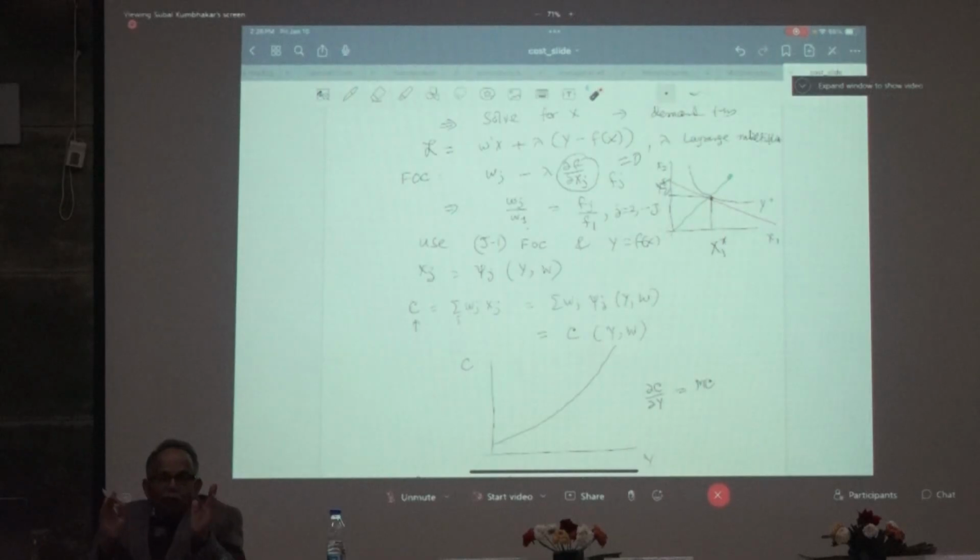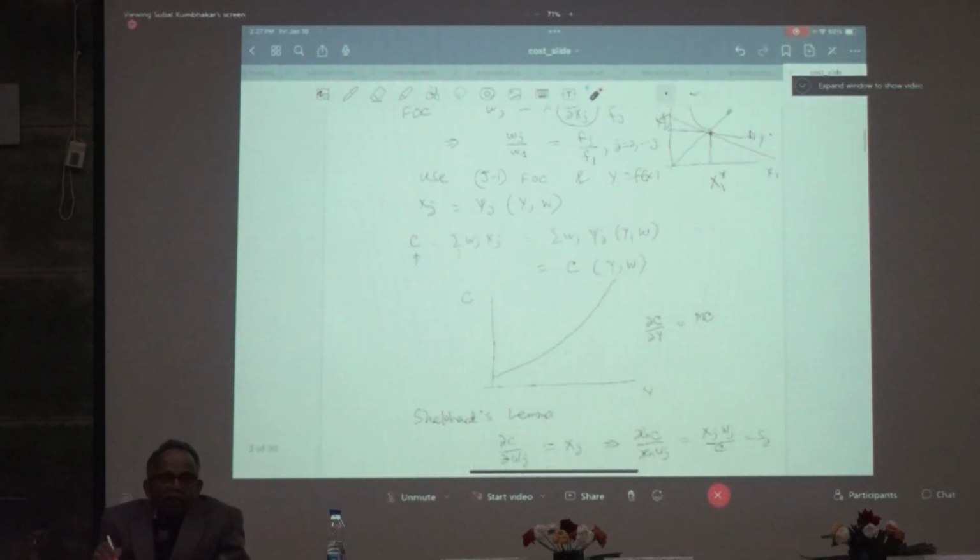So again, when you look at any textbook, no matter what level you are looking at, you will see that cost is specified as a function of output and input prices. Now, most of the time we just say, well, in a perfectly competitive market, input prices are exactly the same for every firm. If you believe in that, then again, this is a constant, so cost is a function of output. And that's what you see in a textbook.